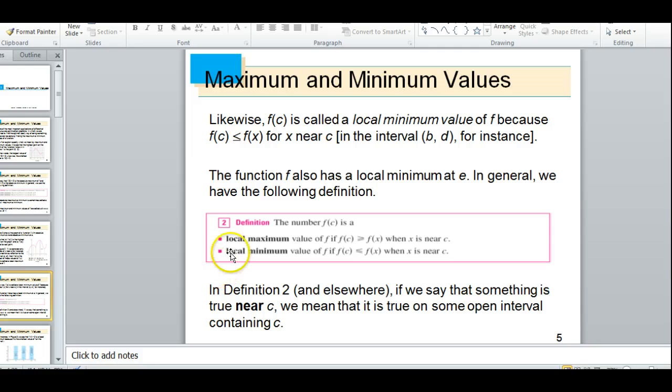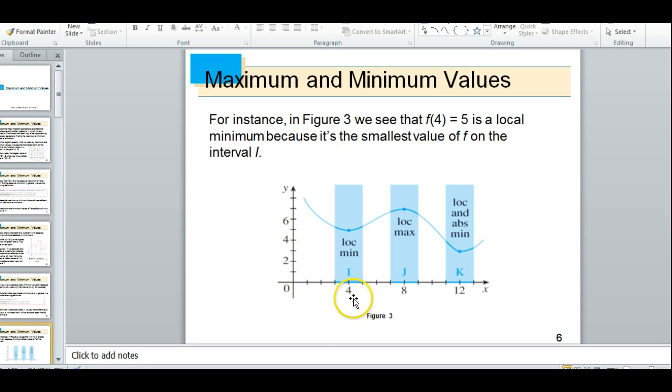Now the definitions for local maximum and local minimum are here, and they only apply whenever x is near that point. So for example, f of 4 here is a local minimum for x's around 4. F of 8 here is a local maximum for all the x's that are around 8.